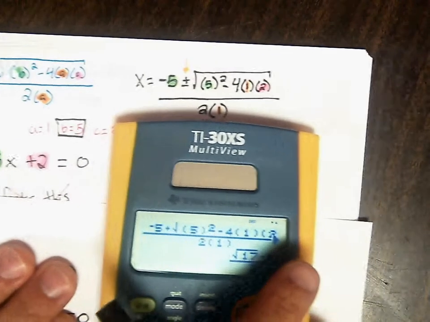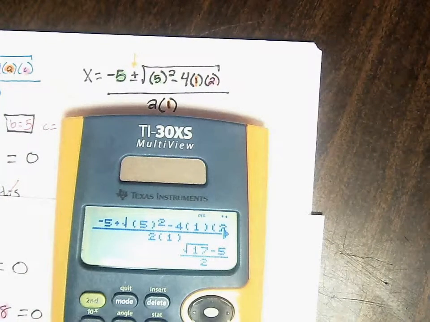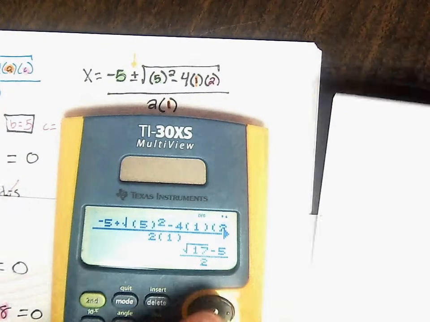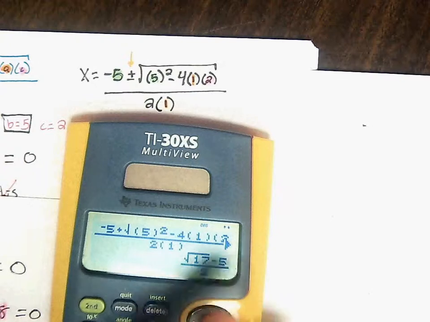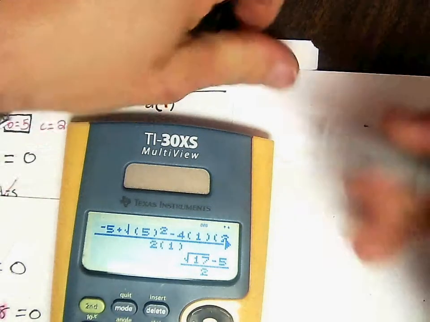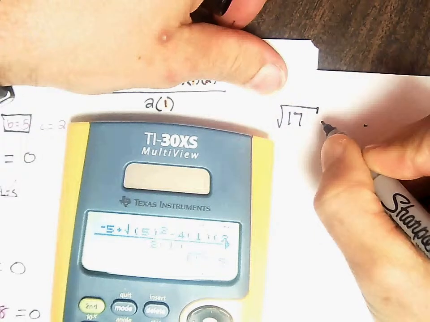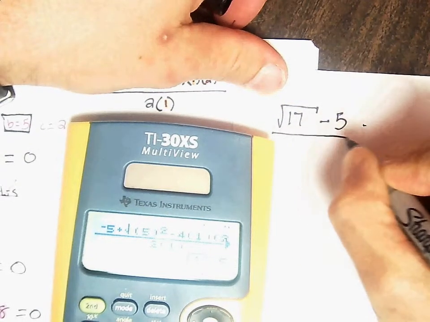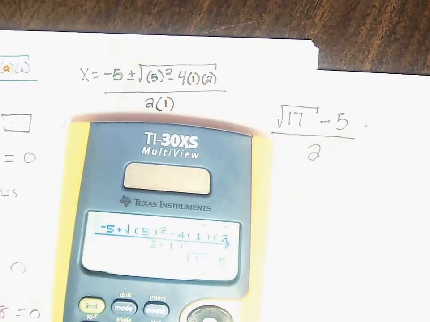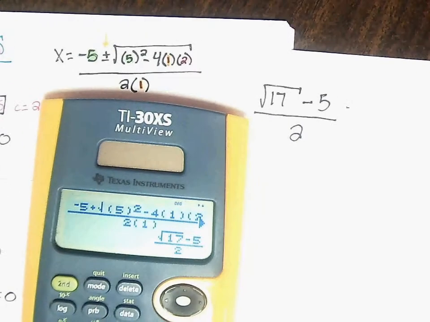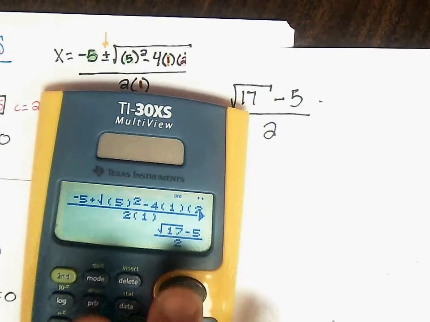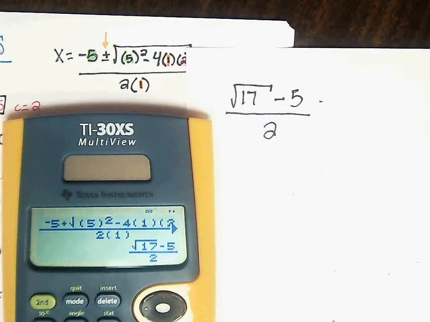Okay? Now let's talk about this answer. The answer you get in your calculator looks like this. The square root of 17 minus 5 all over 2. That's the answer your calculator gives you. However, in this course, we're going to write it differently. The calculator gives you the answers backwards from what you're going to see everywhere else in mathematics.